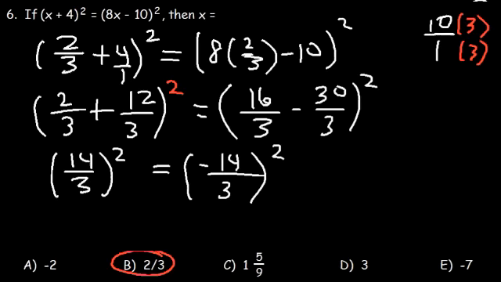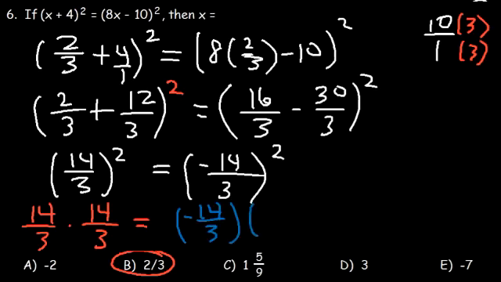So on the left side, we have 14 over 3 times 14 over 3. That's what 14 over 3 squared means. Now on the right side, we have negative 14 over 3. So that means that we have two negative numbers: negative 14 over 3 times negative 14 over 3.